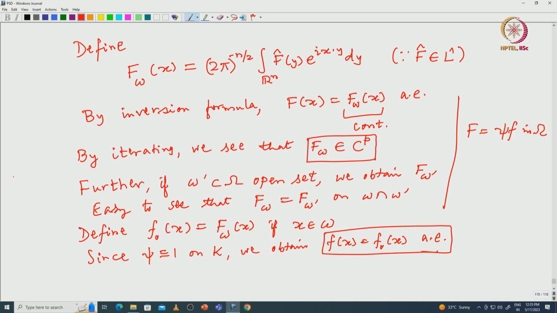So, it uses all the tools we have developed, namely on Fourier transforms and the derivative of the Fourier transform, etc. Okay. So, just one remark, I will just close this one. We have this m is bigger than p plus n by 2.